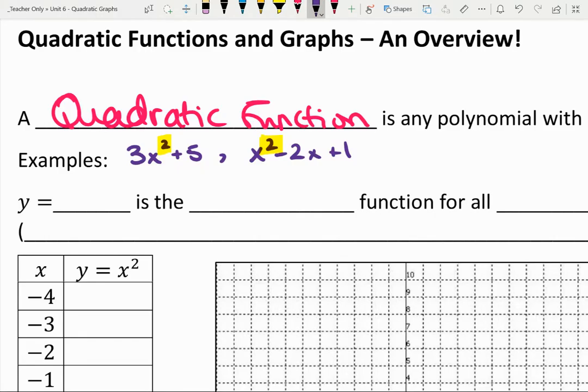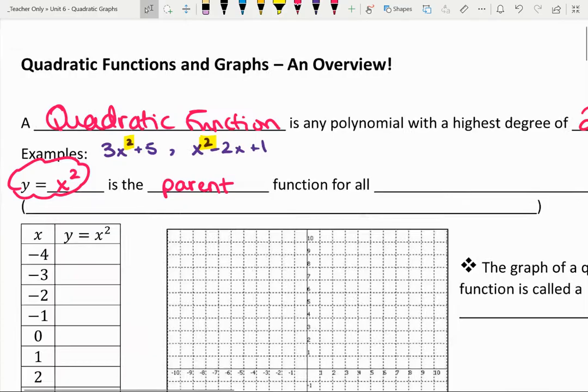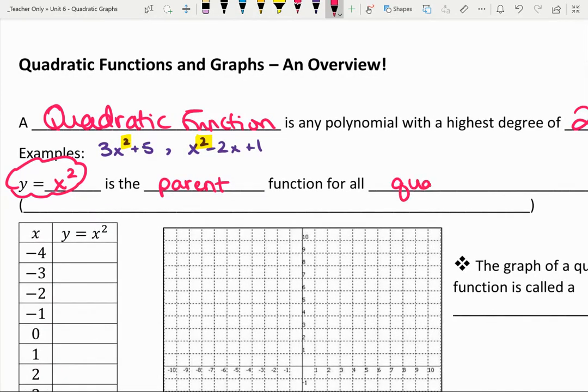Now, y equals x squared is a really special quadratic function. This is what's called the parent function for all quadratics. What that means is that all other quadratics are based off of it.